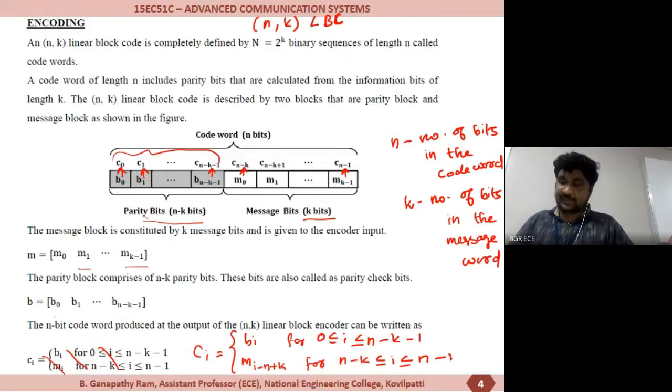If you substitute i equal to n minus k, it will become m0. And for the last value n minus 1, it will become m of k minus 1. So Cn minus 1 will become mk minus 1.